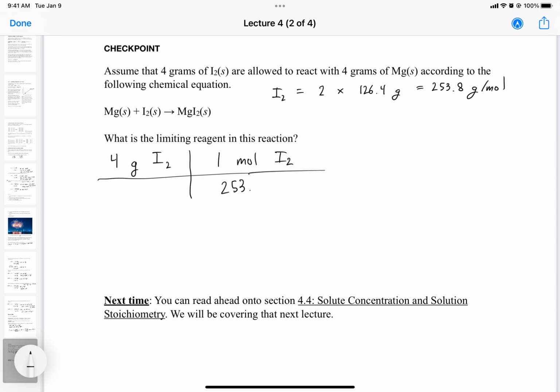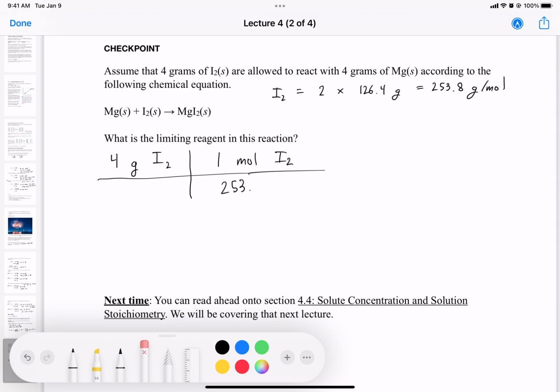All right, guys, so let's look at our periodic tables for real now. Sometimes we just forget. Oh, okay, so it's actually 126.9. My apologies.